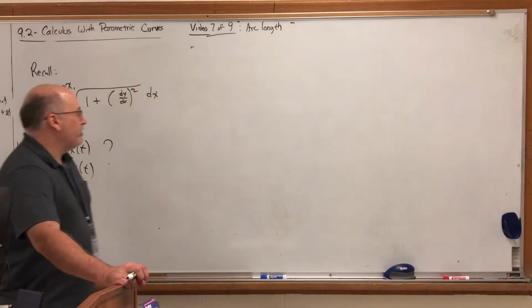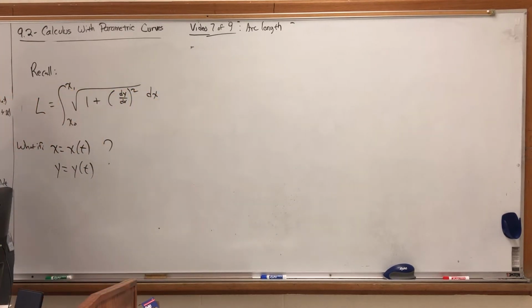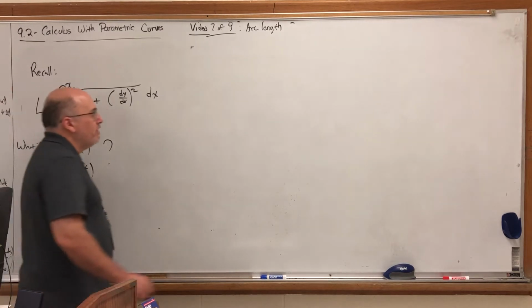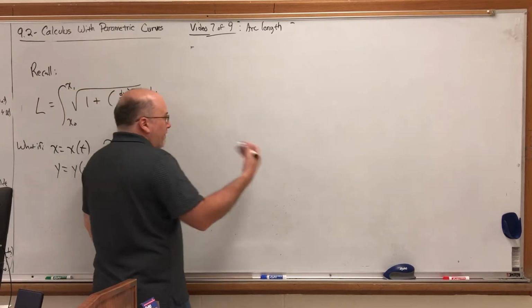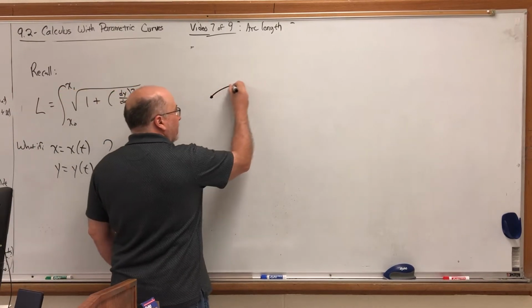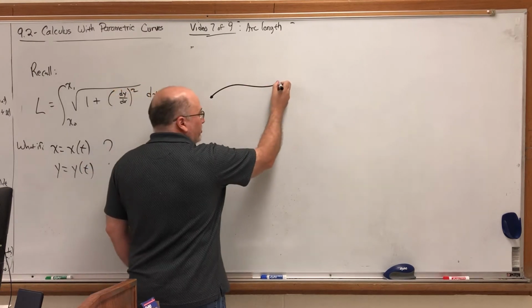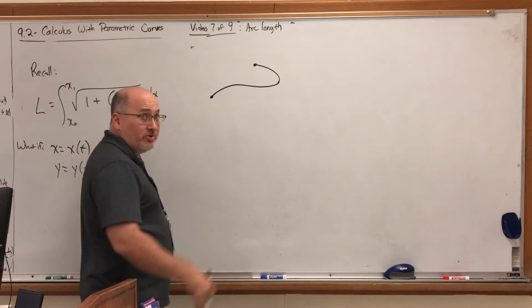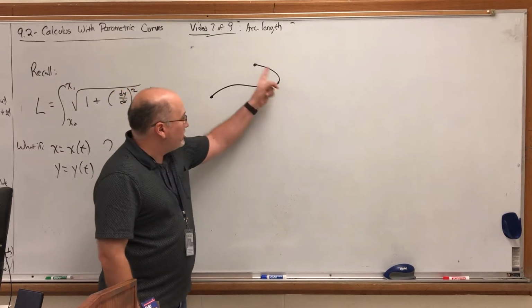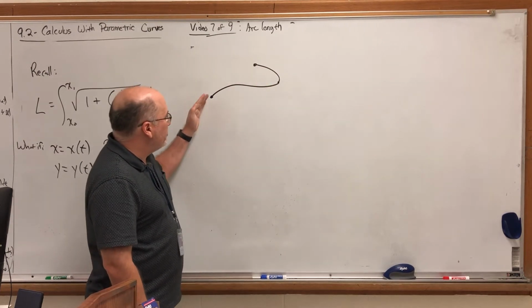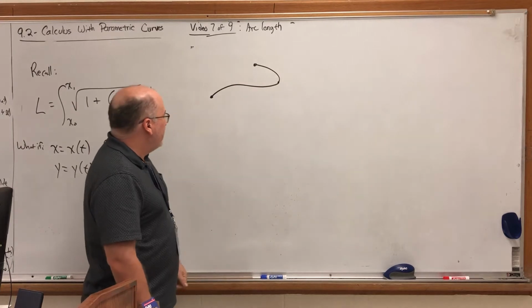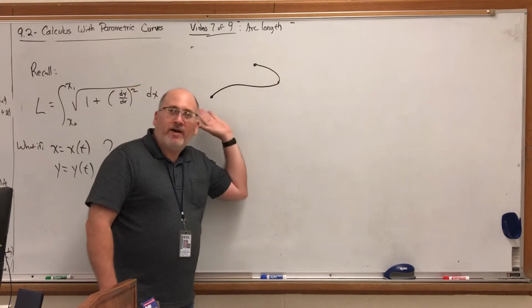For arc length, we're going to start the development of this formula under the same premise. Now, it shouldn't matter, because if we have a curve that doesn't change direction, its arc length is its arc length. But if it does change direction, its arc length is still its arc length. In other words, the distance you travel along this curve is independent of the fact that the curve turned around.